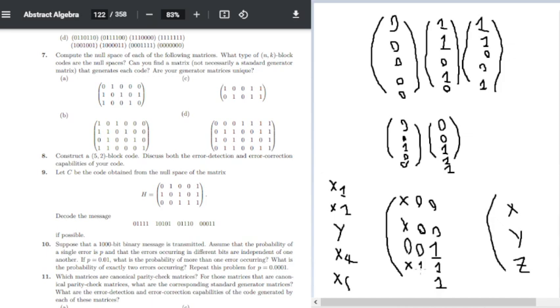The thing is we have a choice with x4 and x5. So I don't know if because of that choice we won't be able to have a standard generating matrix.